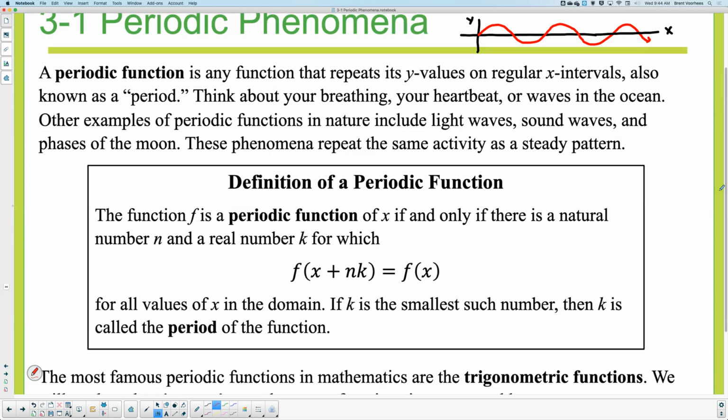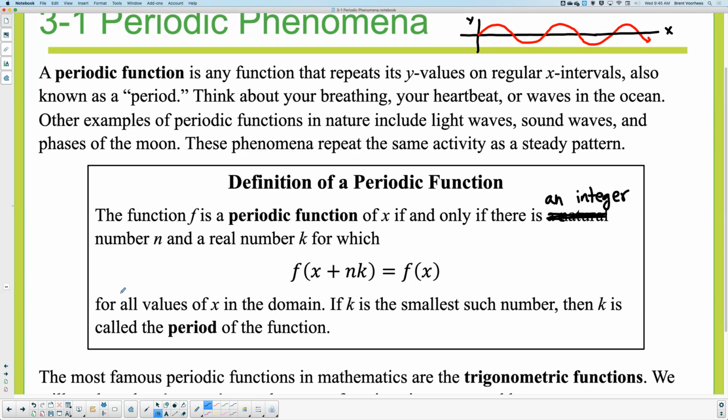It's repeating. Mathematically, anything that can be written in this form is periodic. I need to make one change here. I caught this yesterday. I said natural number. If there is a natural number n, change this to an integer. So technically, I would need to say an integer. Do you remember what integer means? It can be positive or negative, but it cannot be irrational.